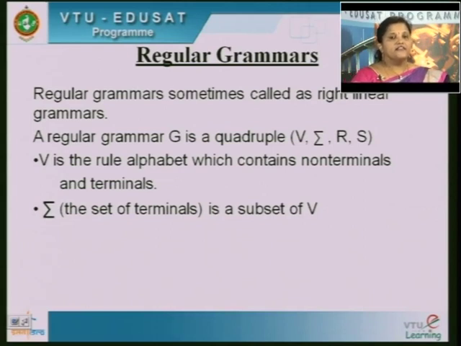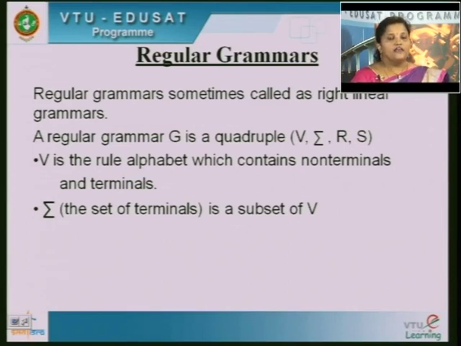Here sigma contains the set of terminals and it is a subset of V. So V contains all non-terminals and terminals, whereas sigma contains only the set of terminals. For example, while working in module 1, we have seen sigma consisting of a and b, or 0 and 1.